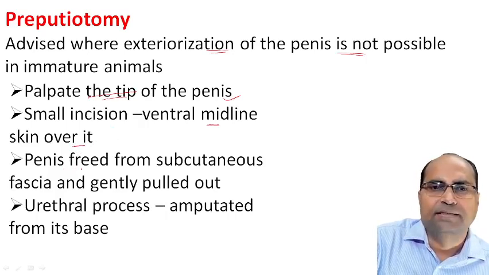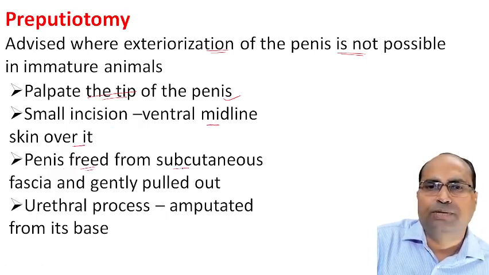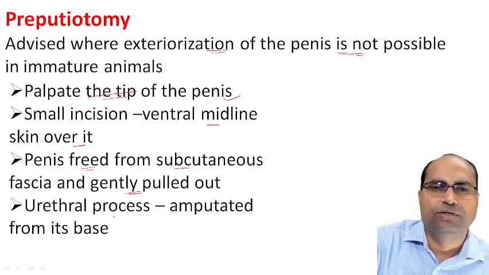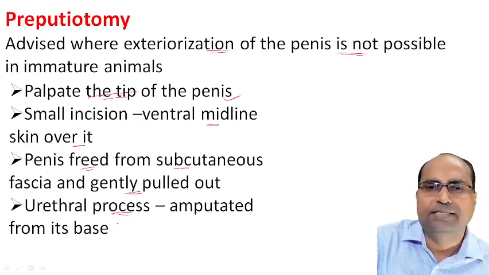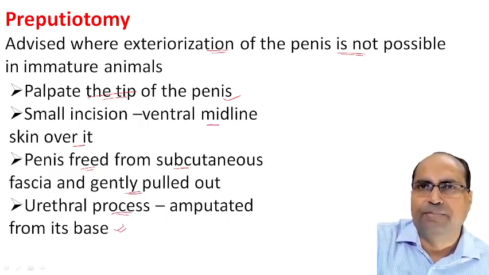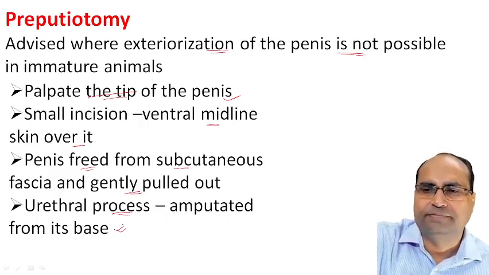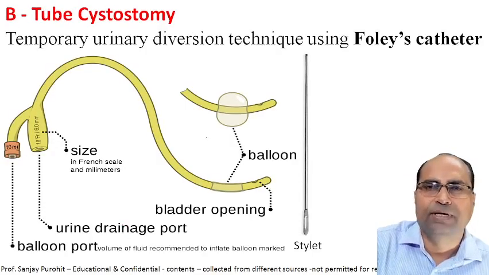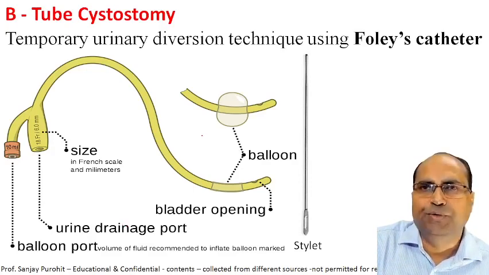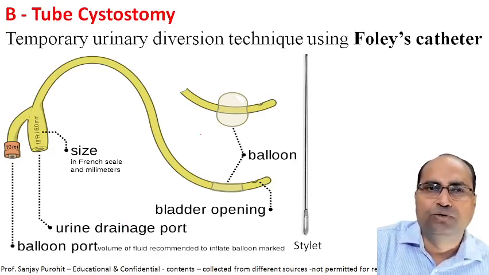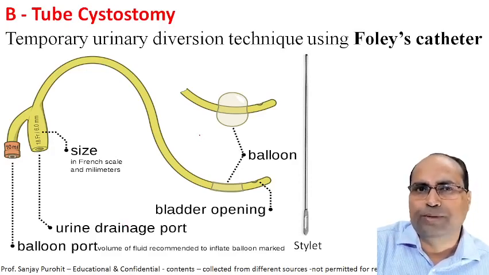The penis is freed from subcutaneous fascia and gently pulled out. Urethral process is amputated from its base and massage the tip of the penis to relieve the calculi. If the normal urination is not started after amputation of the urethral process, we should go for tube cystotomy.